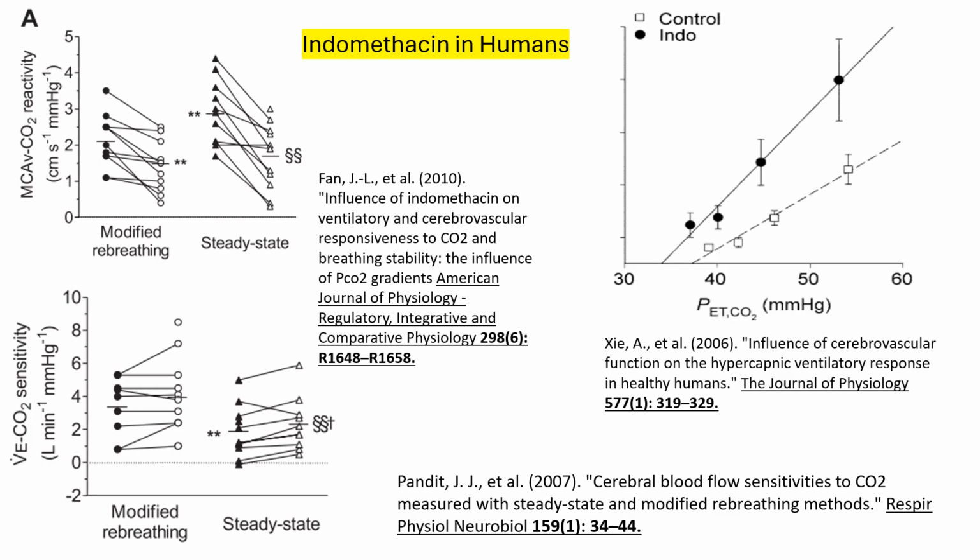They found that for both methods, the cerebral blood flow reactivity to CO2 decreased with indomethacin. However, the reduction of the cerebral vascular blood flow sensitivity to CO2 with indomethacin was greater using a steady-state method of measurement than using the Duffin rebreathing method.